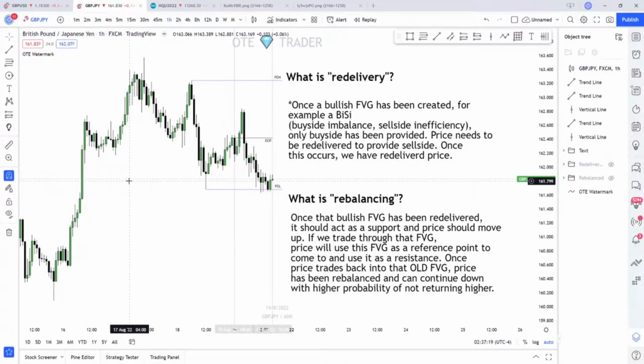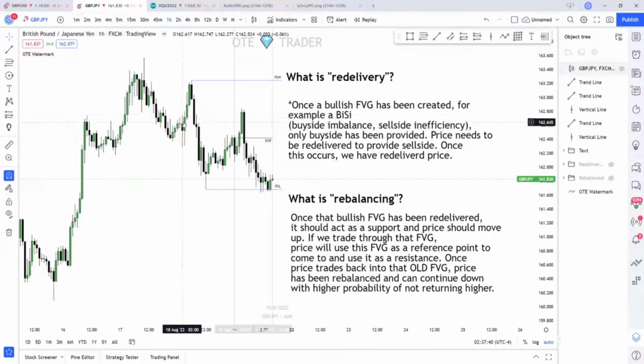Now, why is the overlapping fair value gap technique so powerful? Because you have two PD arrays overlapping. So you have a fresh fair value gap. This is the example we're going to use, and I will use NASDAQ as an example later. Why is this so high probable?